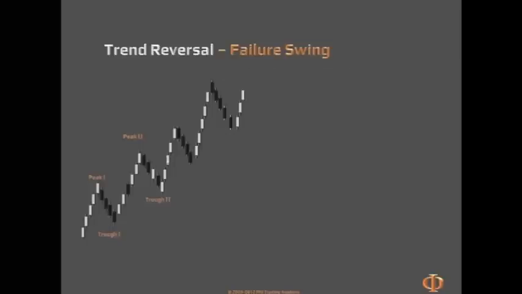Because as we said, the definition of an uptrend is higher peaks and higher troughs. So what happens here is the first time in all this uptrend that we have the failure to go higher. So we have a top here that is lower than the previous top, and this is what we call the failure.